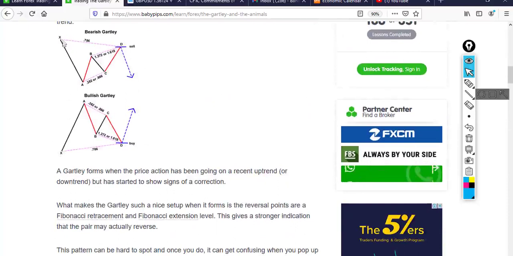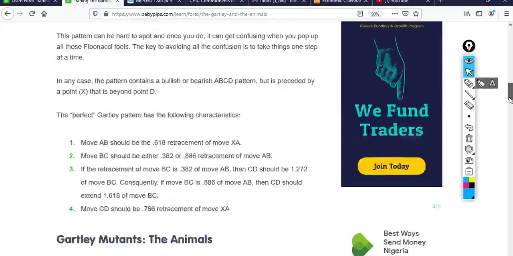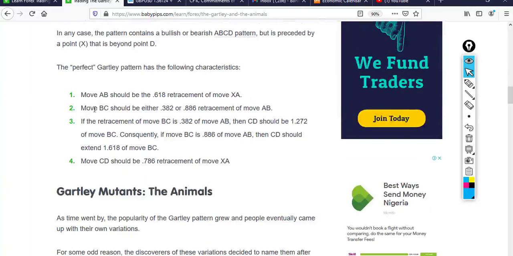From move XA to get AB, you will draw from here in your Fibonacci level down to the top, and you will have price stalling at this level here. Another characteristic: move BC should be either 0.382 or 0.886 retracement of move AB.